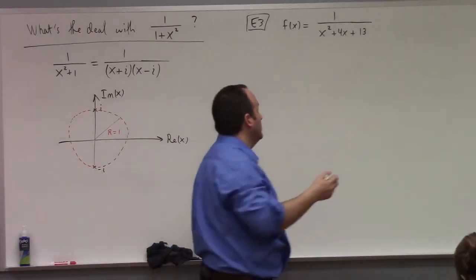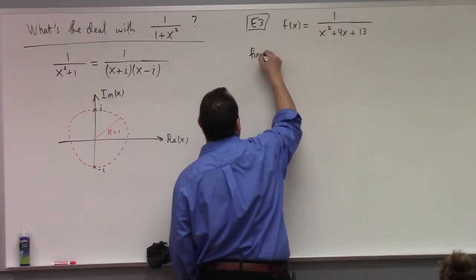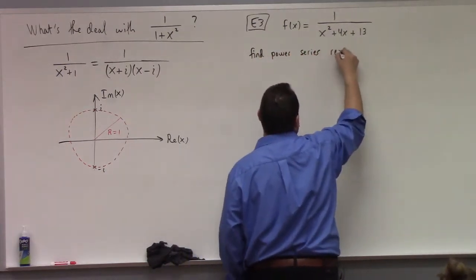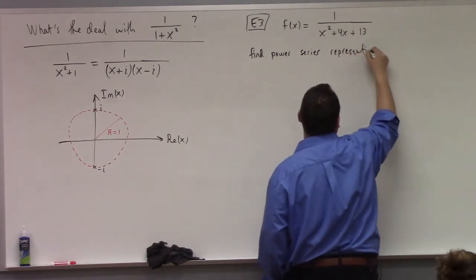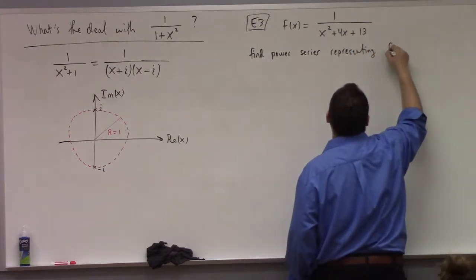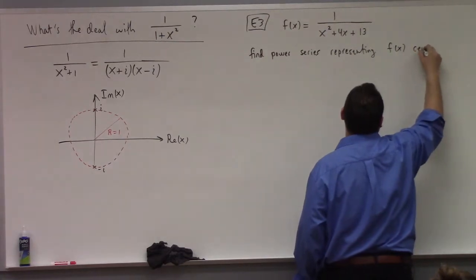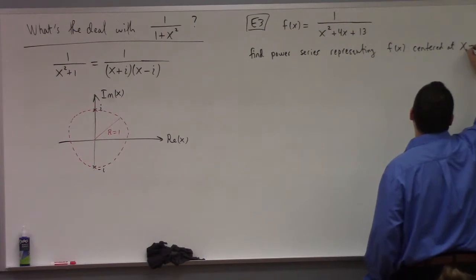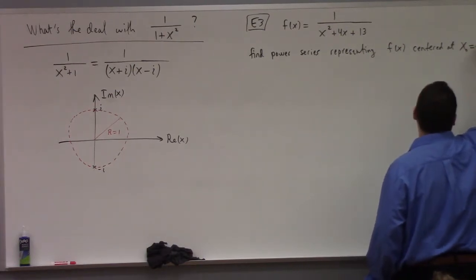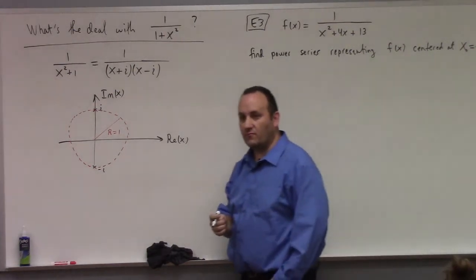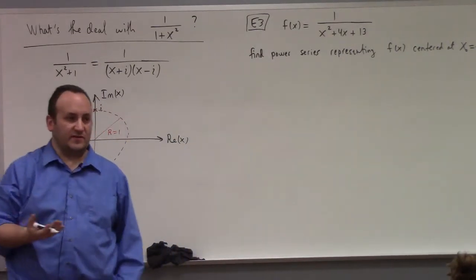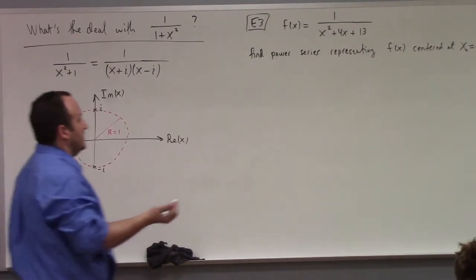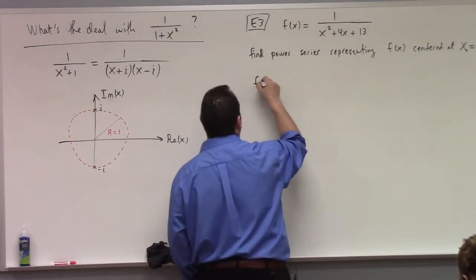And then find a power series representing f of x centered at x naught equal to, in this case, minus 2. So if you want to center something at minus 2, that means you're looking to expand it in powers of x plus 2. So completing the square is what we want here.